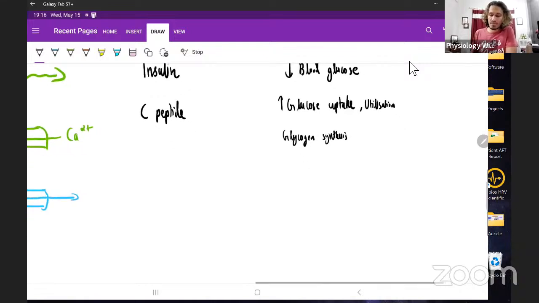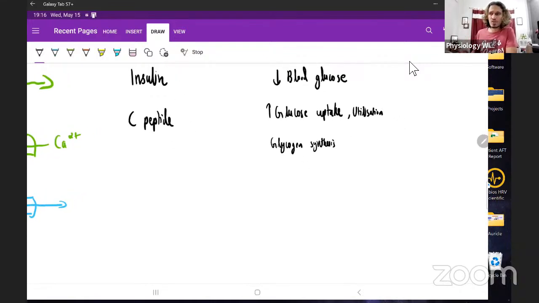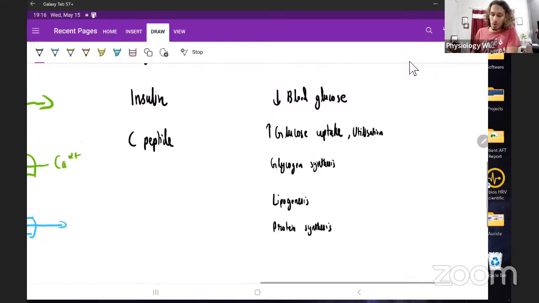Okay, and since a lot of glucose is available, we don't have to break down fat or protein right now. This generally favors lipogenesis. And actually, extra glucose can also be converted to fat. And it favors protein synthesis. The whole point of this is to try to reduce glucose.